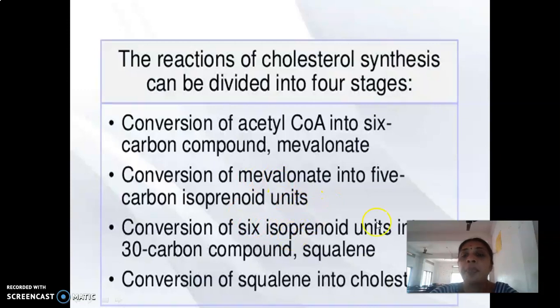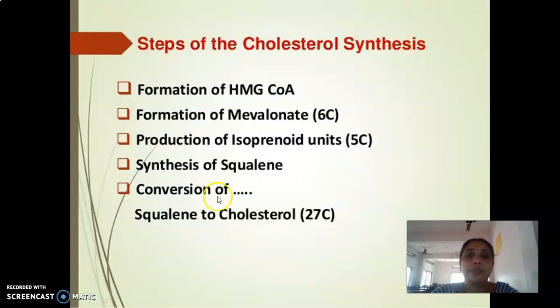That forms the second stage. Then the third stage is the formation of squalene. The fourth stage is squalene into lanosterol, and the fifth stage is lanosterol into cholesterol. That is, conversion of lanosterol to cholesterol.